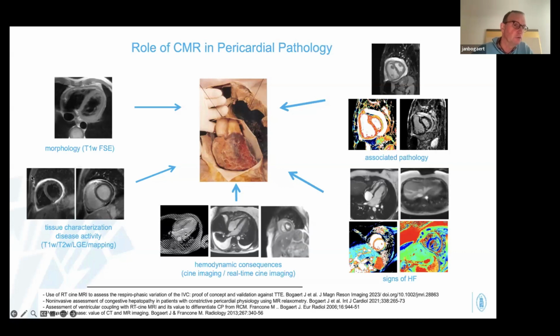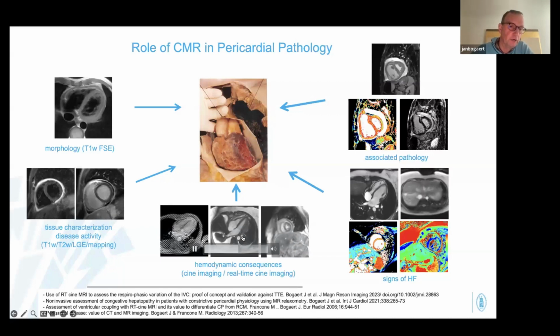This is confirmed on the T2-weighted images here in short axis, where we see a very bright pericardium, and on the late gadolinium enhancement, we see uptake of contrast in both pericardial layers. This is with regard to morphology and tissue characterization.